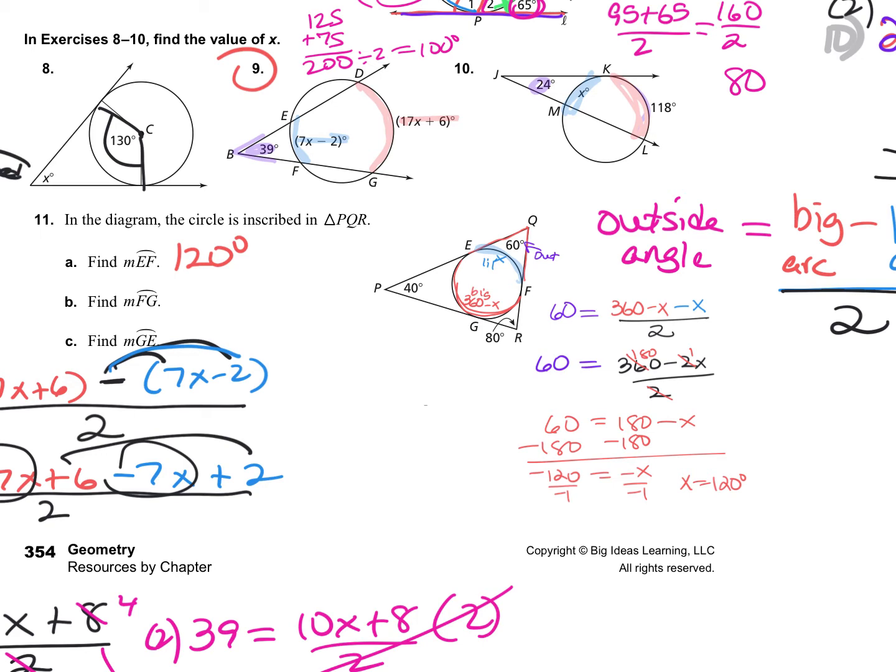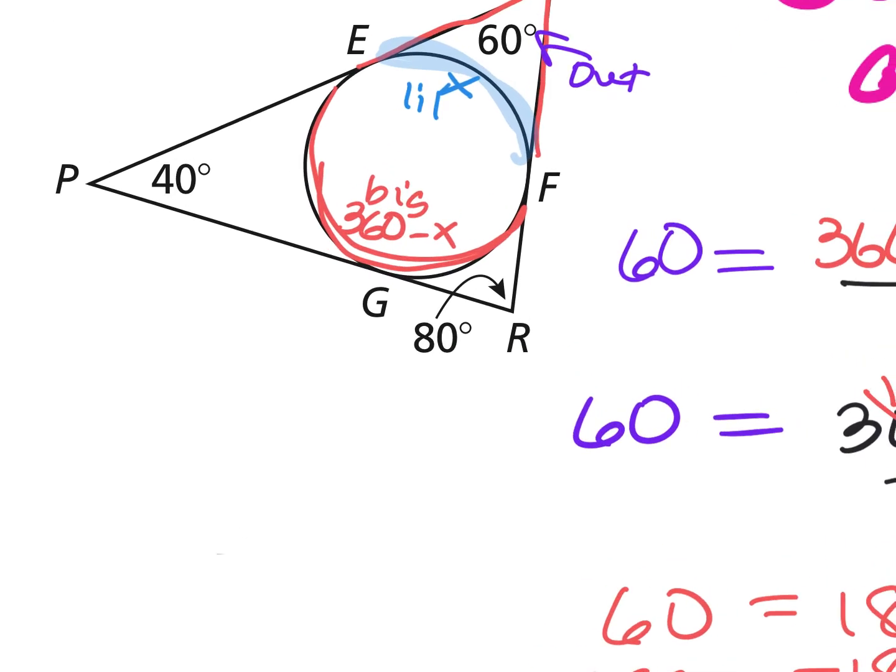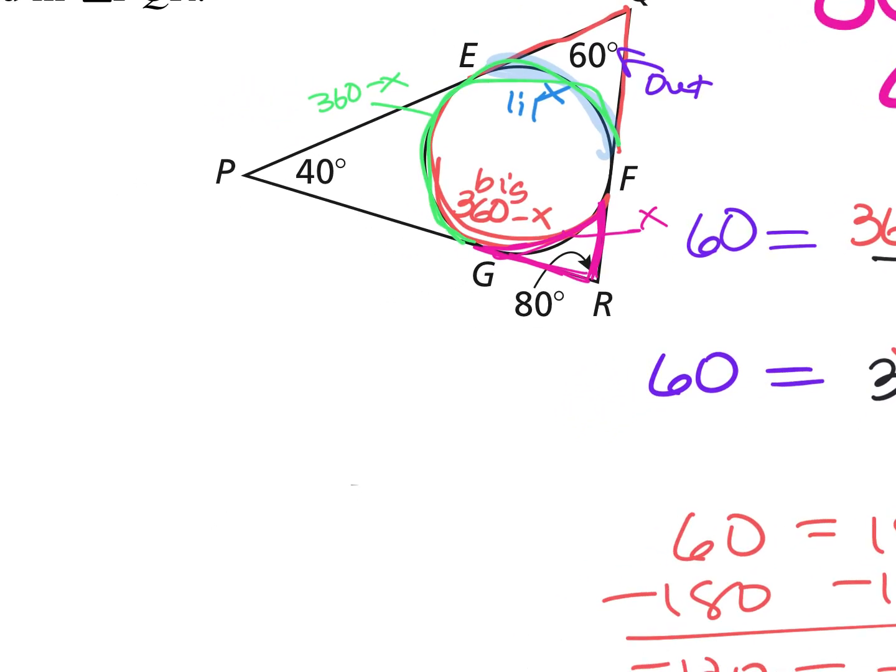So now, if I want to focus on this angle, the 80, now what's happening is my big arc is over here. Let me do maybe green. So now big arc would be here, and that would be the 360 minus x. And then the one that they're asking me to find, this little arc, would be x. So I'm doing exactly the same thing.